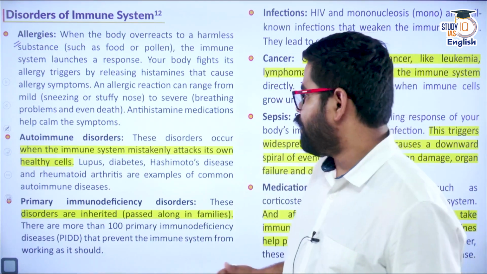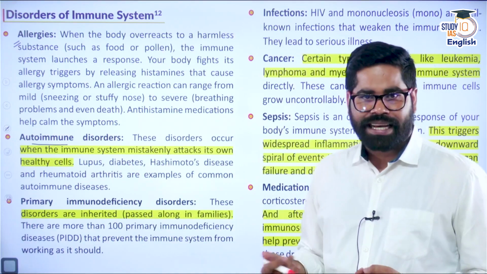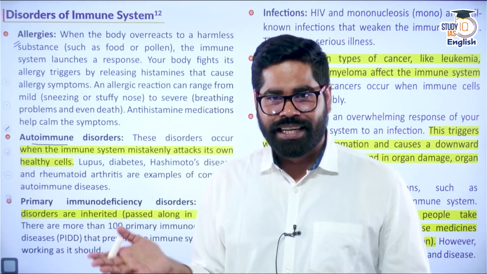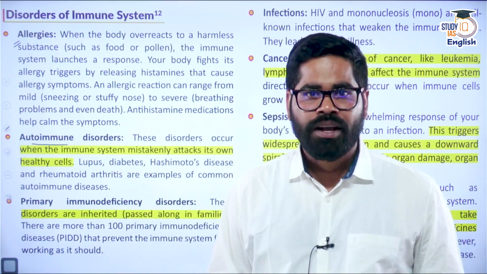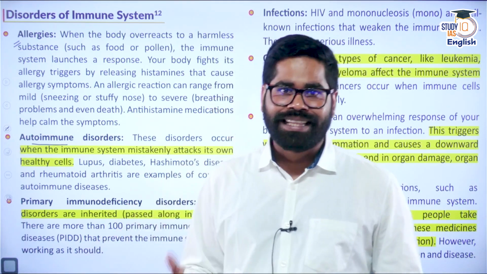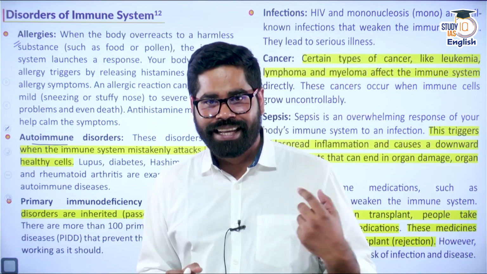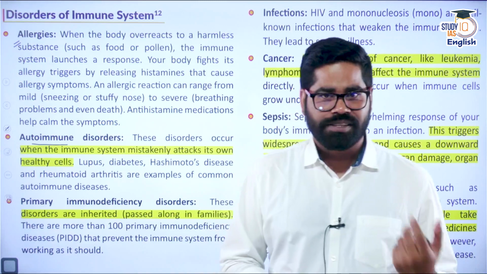Now, autoimmune disease. Basically, this is one of the disorders in which the immune cells get some defects, and start impacting or destroying the healthy cells of the body itself. It starts considering the healthy cells of the body as an outsider, as a foreigner.